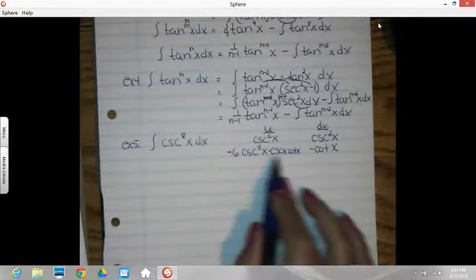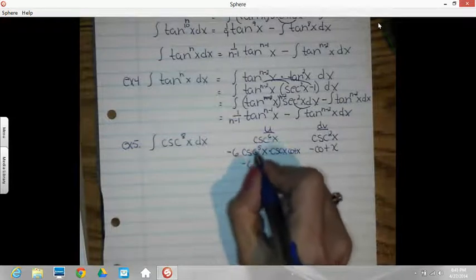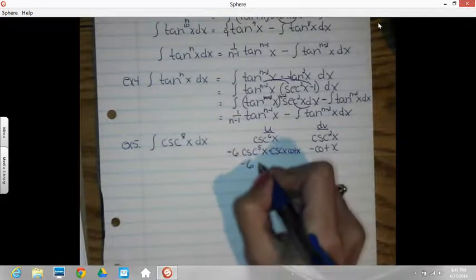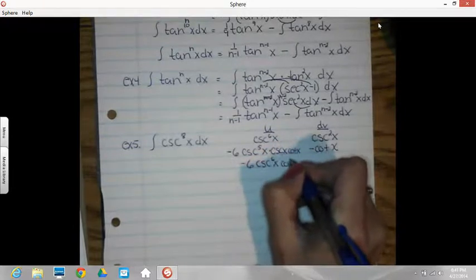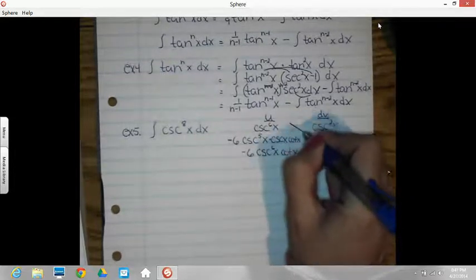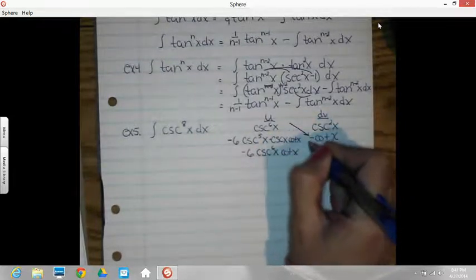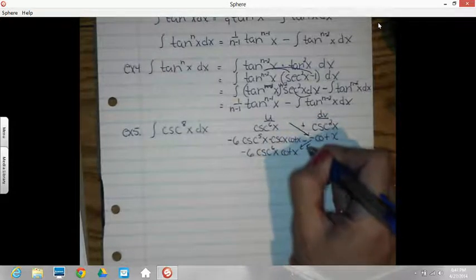Simplifying this, we'll have a negative 6. I can combine my cosecant to the 5th and my cosecant to the 1st and come back to cosecant to the 6th x cotangent x. So I multiply here and I integrate here. Plus, minus, that's a bad integral.